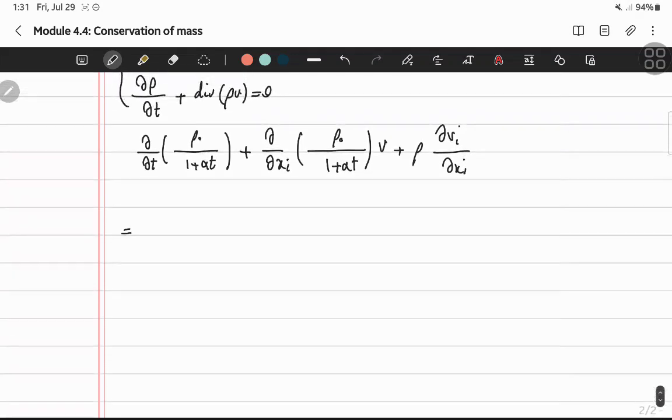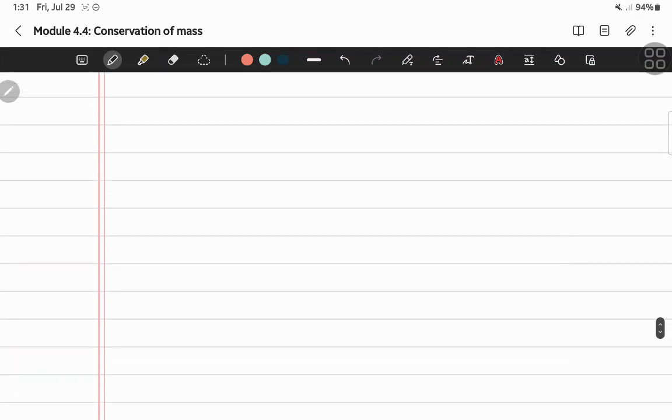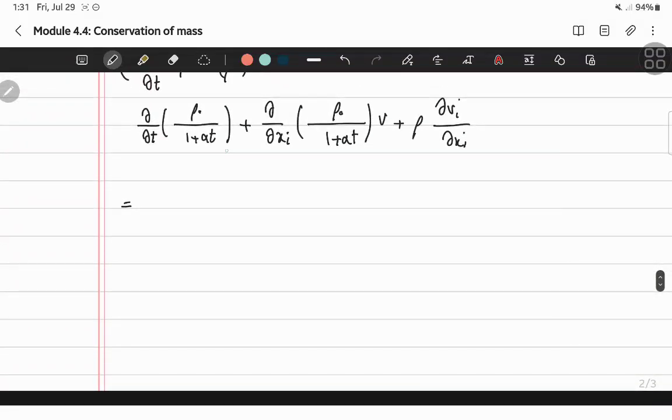If I take the first partial derivative, we'll have minus rho 0 alpha divided by 1 plus alpha t squared.